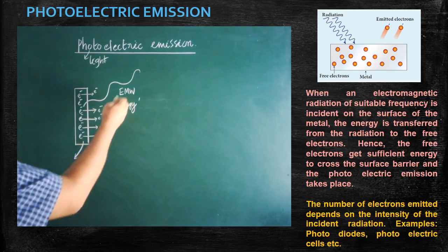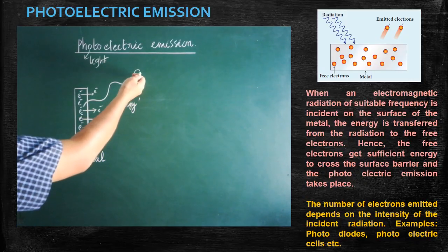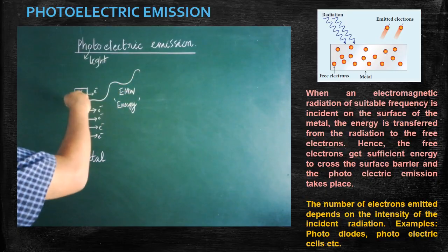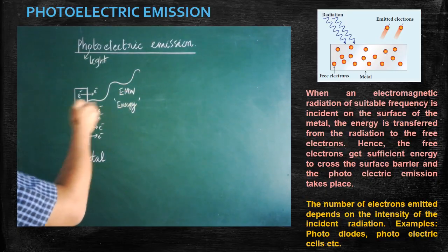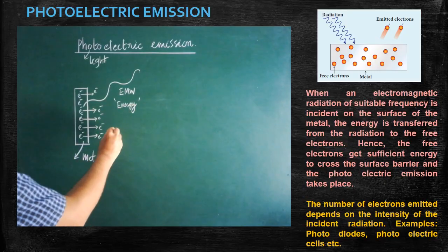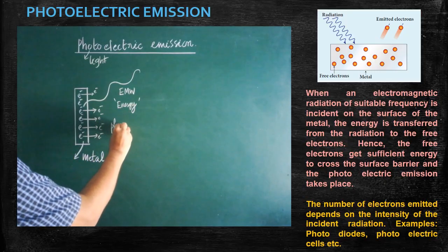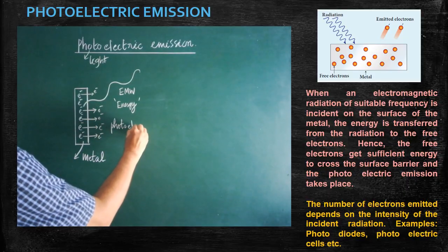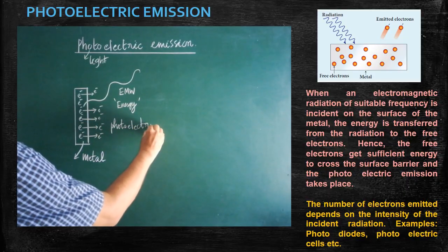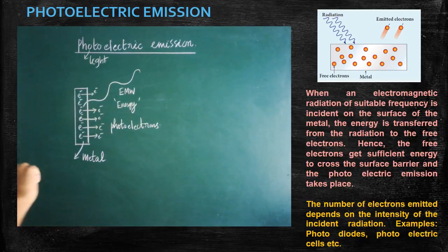Here the light energy is transferred to the electron. If a sufficient amount of energy is given, electrons are liberated from the metal surface. These emitted electrons are called photoelectrons.